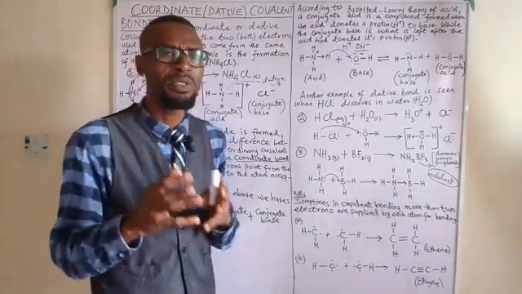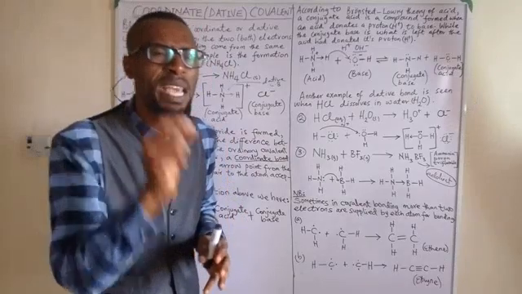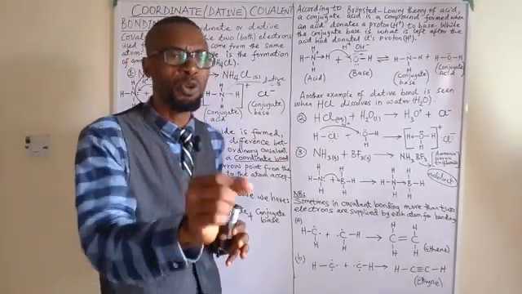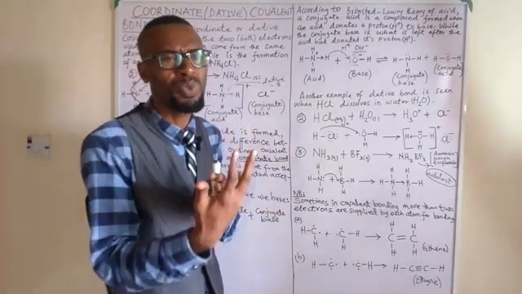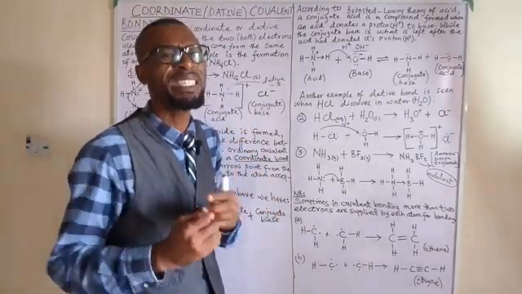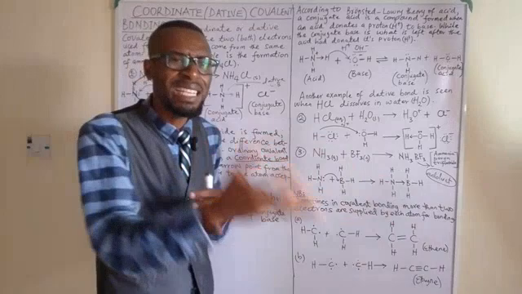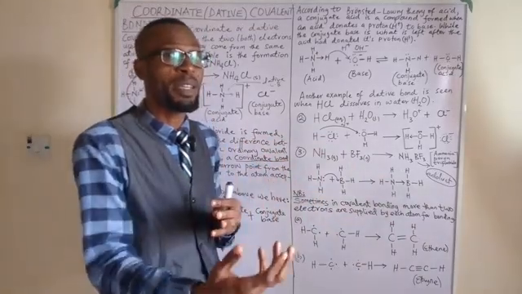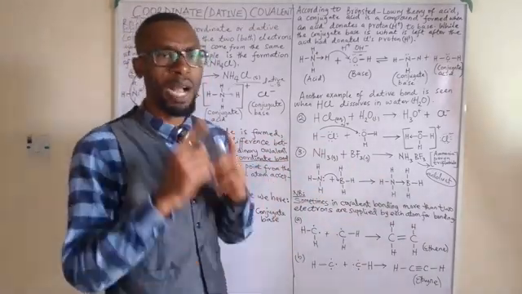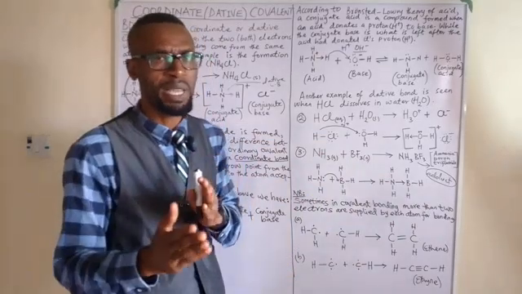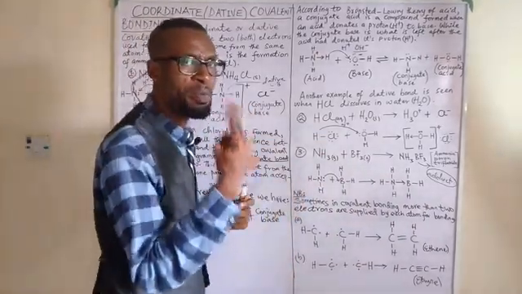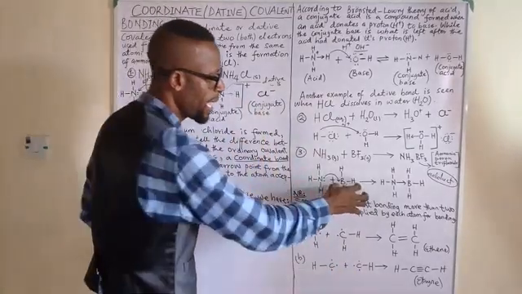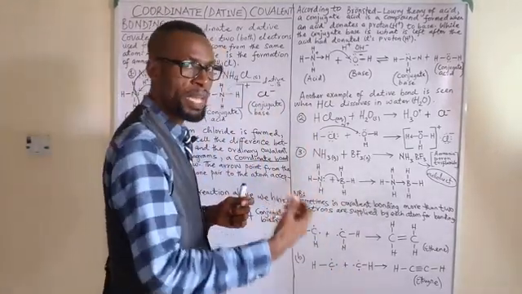In the Lewis theory, a base is an electron pair donor. A base is something that carries lone pairs of electrons, which it is able to donate to an acid, which is an electron pair acceptor. So according to the Lewis theory, a base is an electron pair donor, while an acid is an electron pair acceptor.